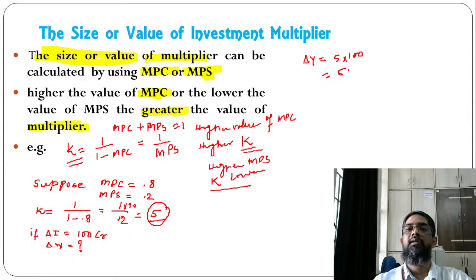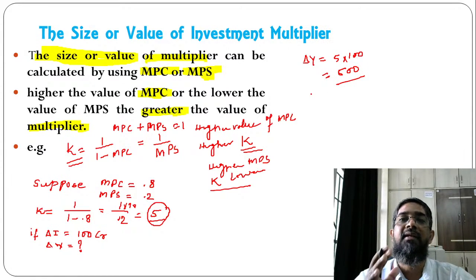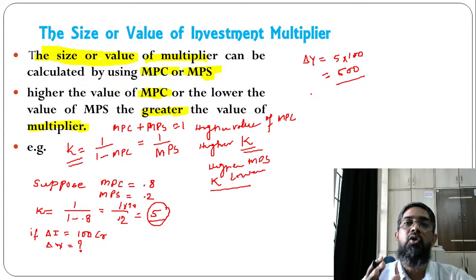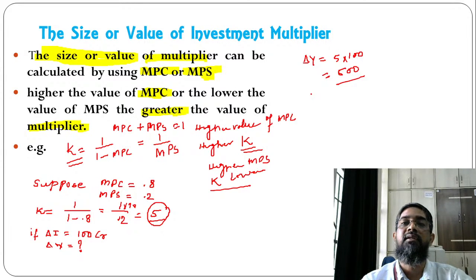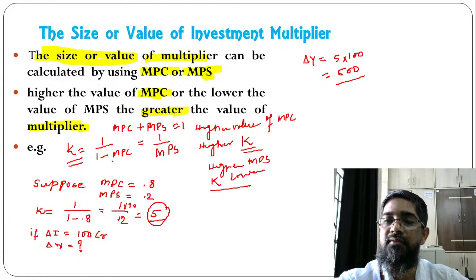So income will increase by 500 crore. If the change in investment is 100 crore, the value of income will increase by 500 crore, depending on the value of MPC, or MPS. Is this okay, students? Take it.